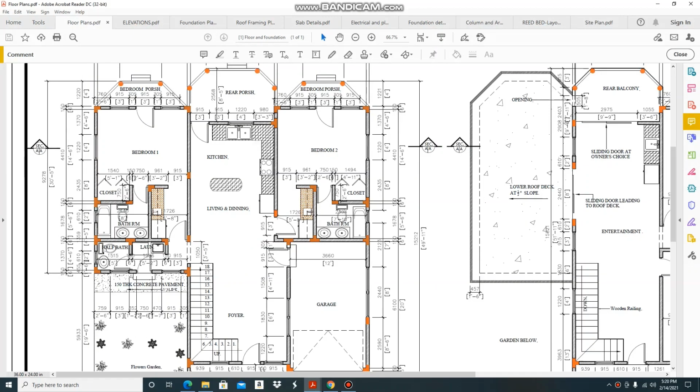Another important aspect of your floor plan is you should take into consideration the placement and the location of your stiffener columns. Especially if you're the builder or the contractor, you need to pay key attention to this because your stiffener columns are placed at the corner of your buildings or at wall intersections or where you need to break the span of a wall.